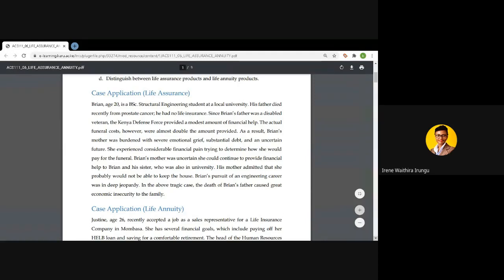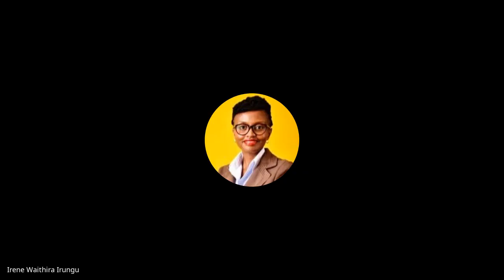This is an illustration of a gap that could have been filled had Brian's father bought a life assurance or a life insurance policy. So we shall see how the different types of products would have come through for Brian's family in the event of the death of their dad.